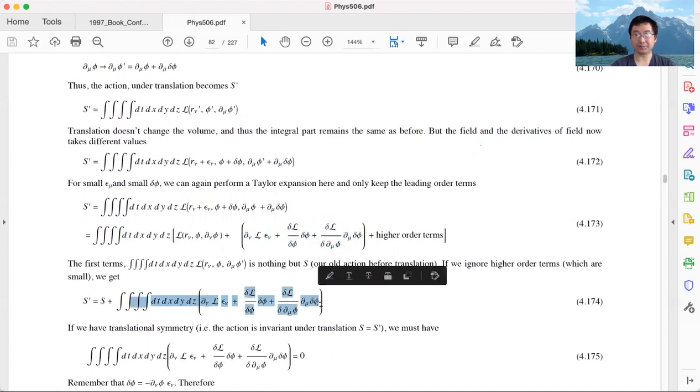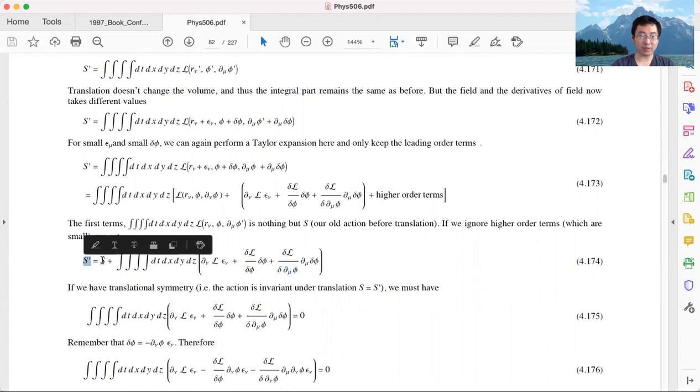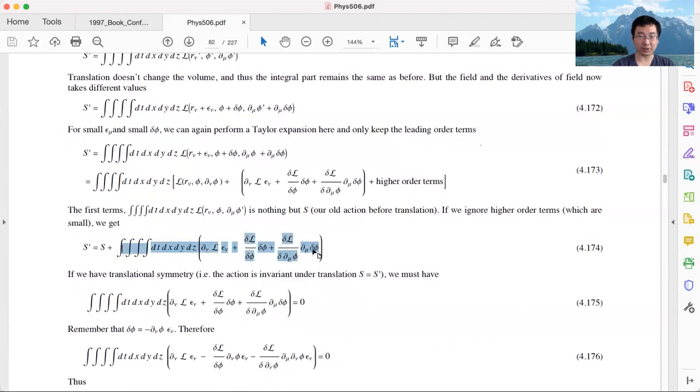It's this term. If the system has translation symmetry, it means that S prime should be equal to S, which means this whole thing needs to be zero. S should not change under translation. So this whole thing needs to be zero.